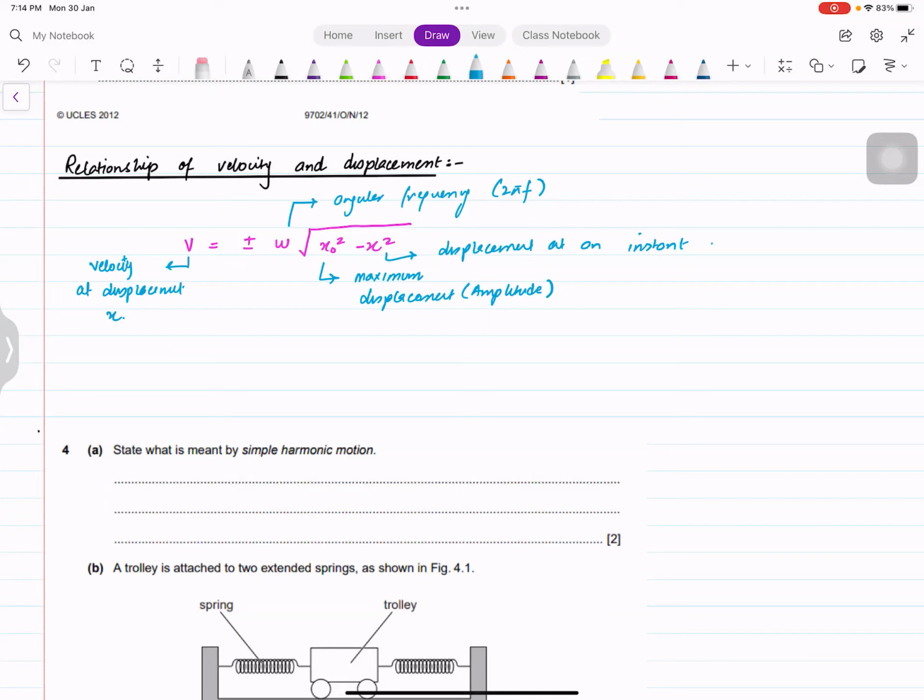Anyway, this equation is given to you, but generally what they do is they ask you a question where they say, what will be the formula for maximum velocity?